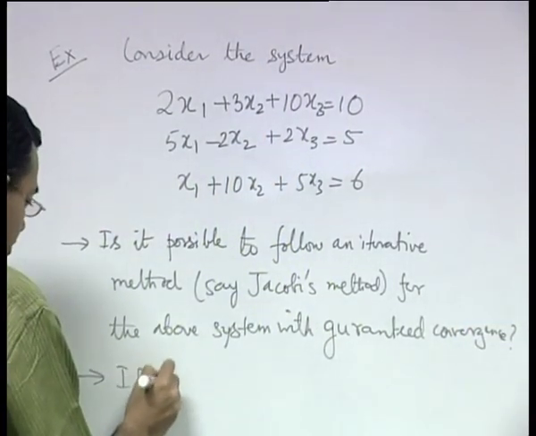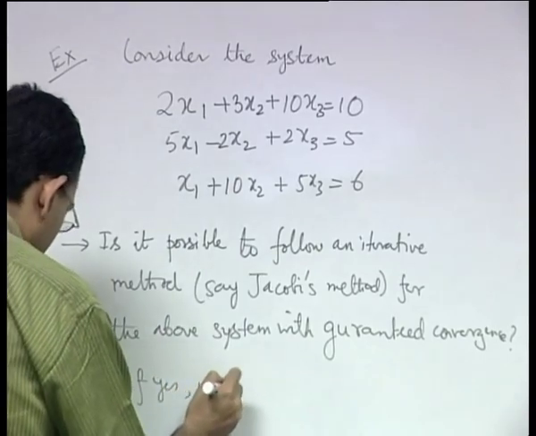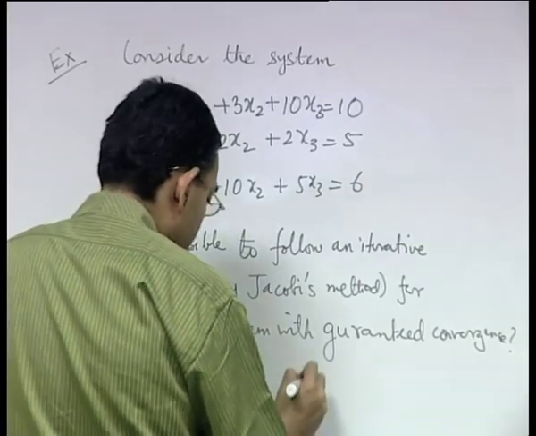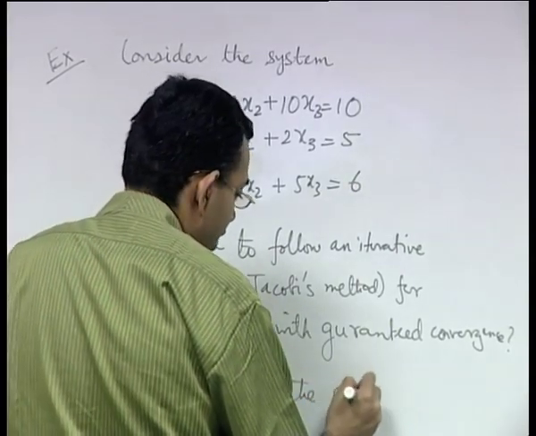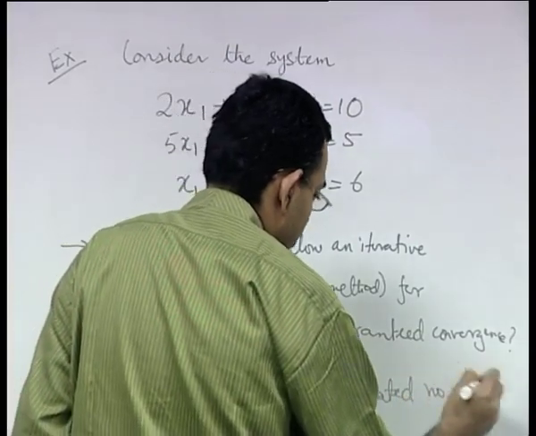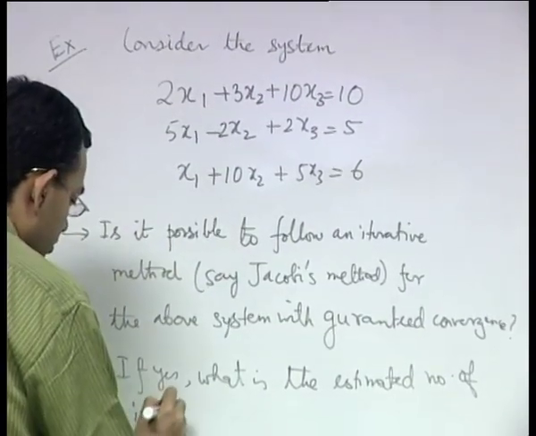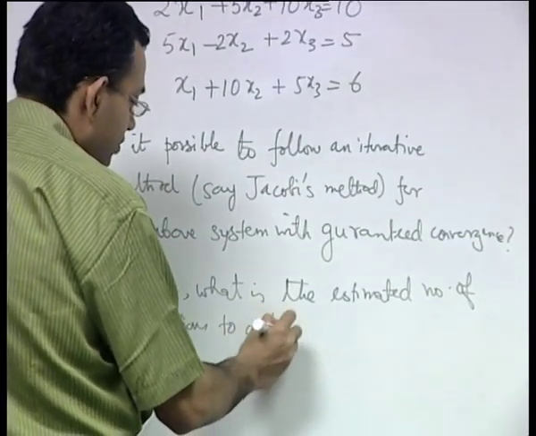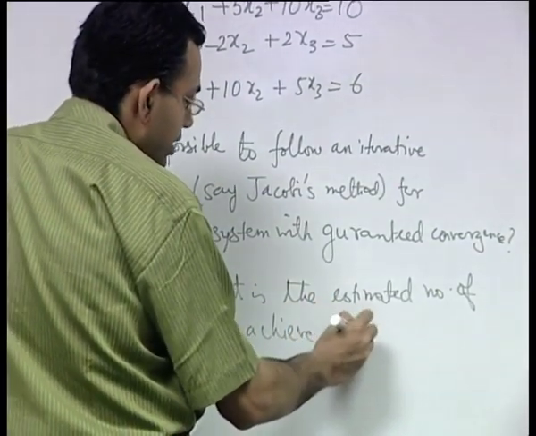If yes, what is the estimated number of iterations to achieve 4 decimal accuracy?